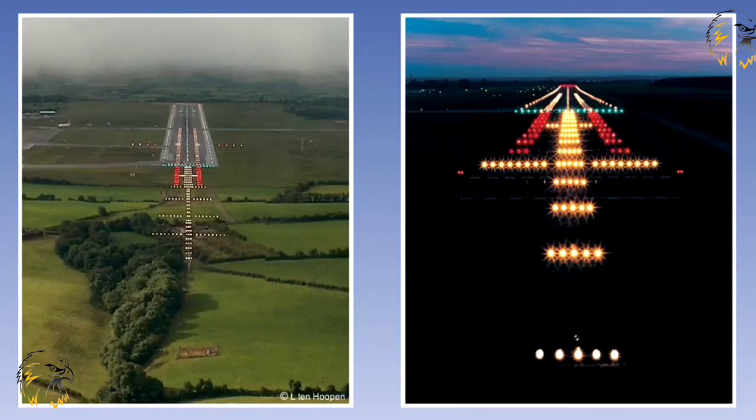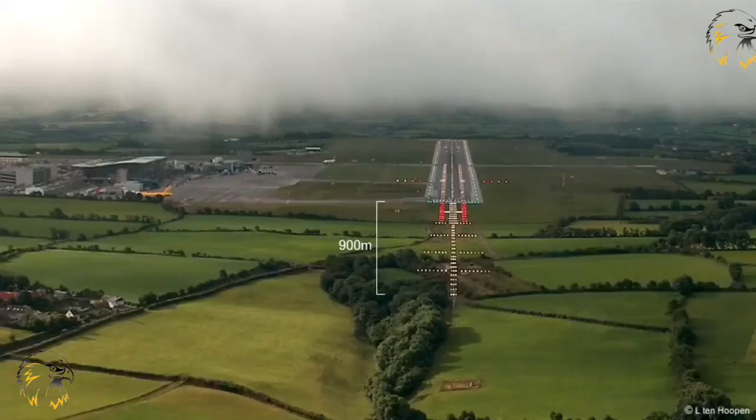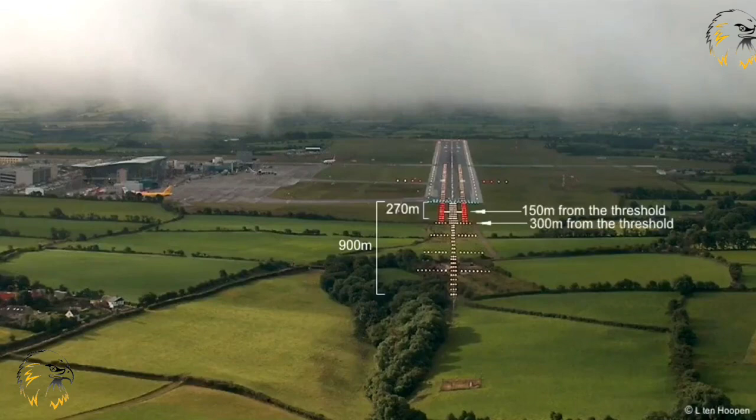All systems are distance coded and give some elements of attitude information. The lights will extend over a distance of 900 meters from the runway threshold, and possess two side rows of lights extending 270 meters from the threshold, and two crossbars, one at 150 meters and one at 300 meters from the threshold.